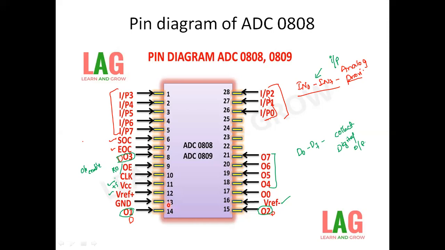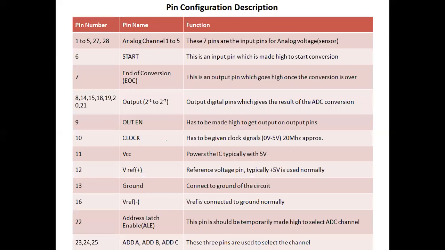So this is the pin diagram of ADC 0808, and these are the descriptions of the pins. As I have said, IN0 to IN7 act as input pins, which are going to take the analog signal. SOC is the start of conversion, EOC is the end of conversion.